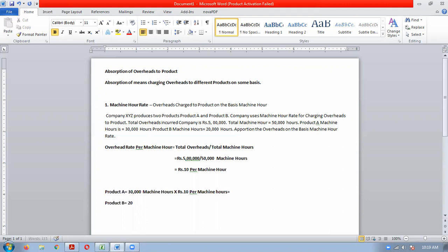That is 20,000 machine hours into rupees 10 per machine hour. So calculate this, you will get the answer. So it will be rupees 3 lakhs we will charge to product A, and 2 lakh we will charge to product B. Understood? So if machine hour is used, it will be based on machine hours.